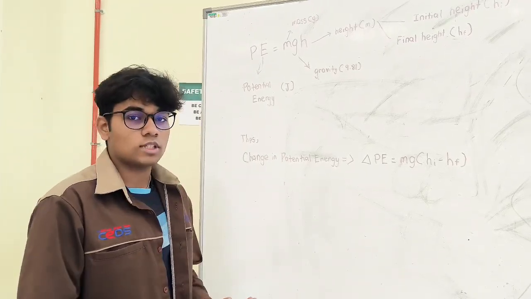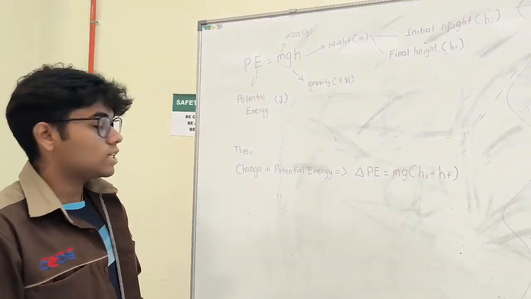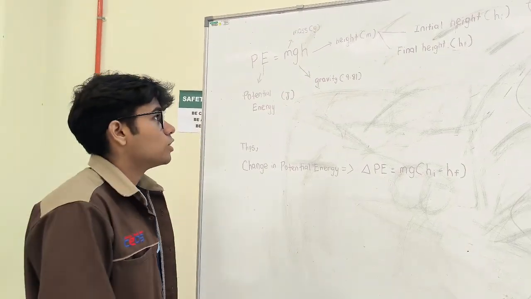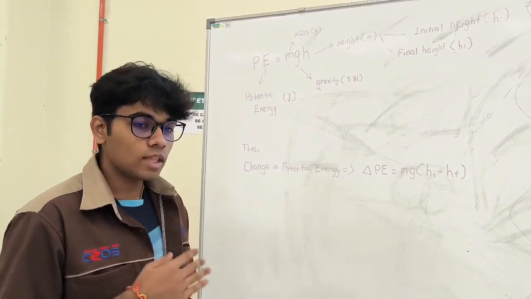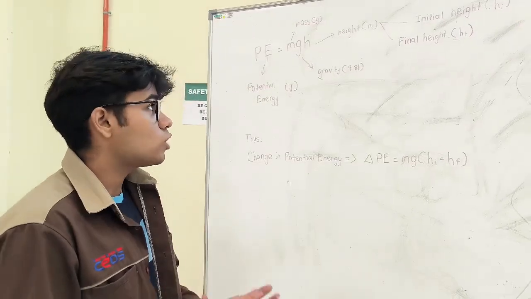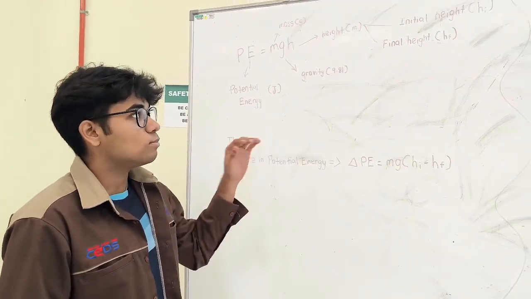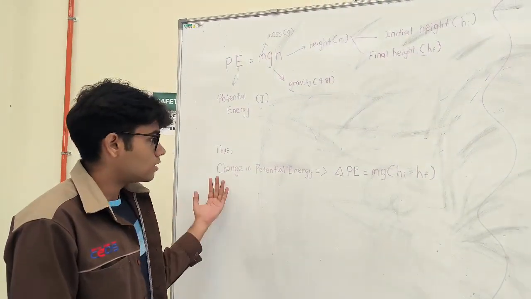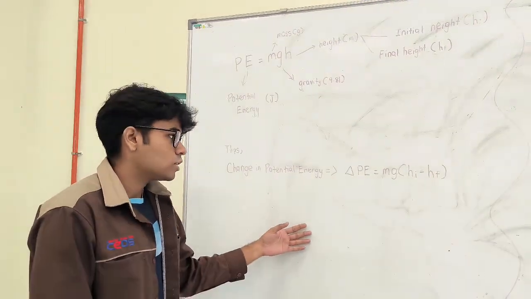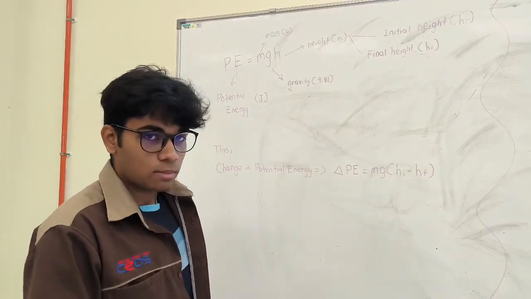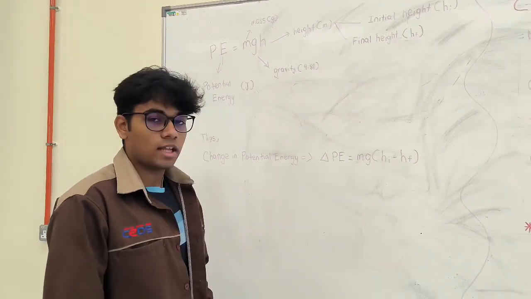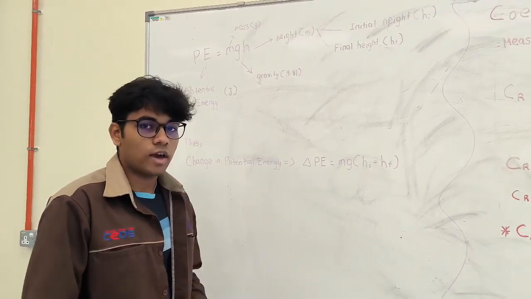For mass, we'll be using grams, gravity is 9.81, and height is in meters. For this formula, there are 2 heights, the initial height and the final height. From both these heights, we'll be able to find the change in potential energy, which is mass multiplied by gravity and the initial height minus the final height.